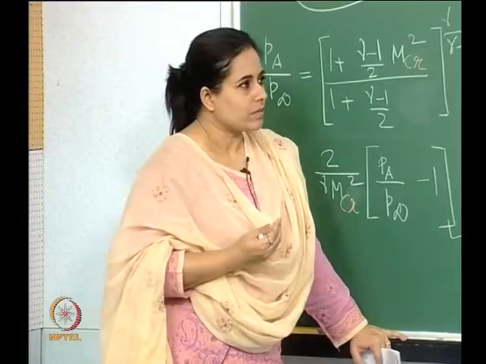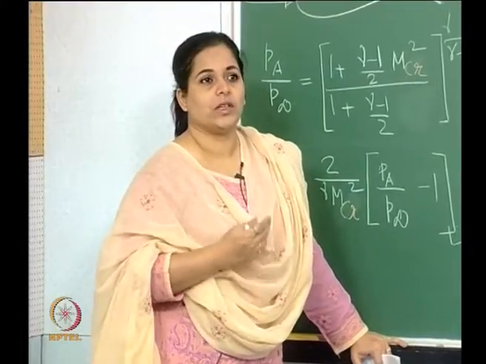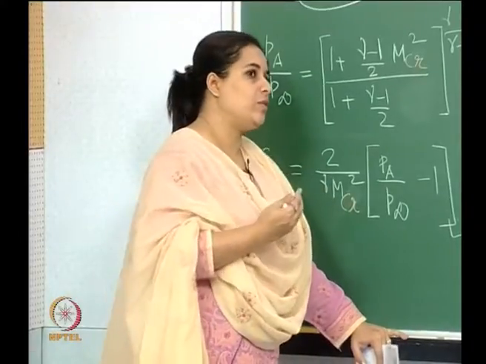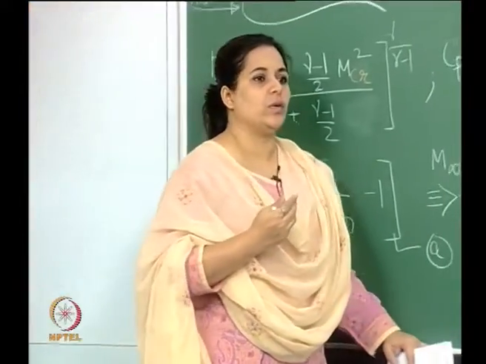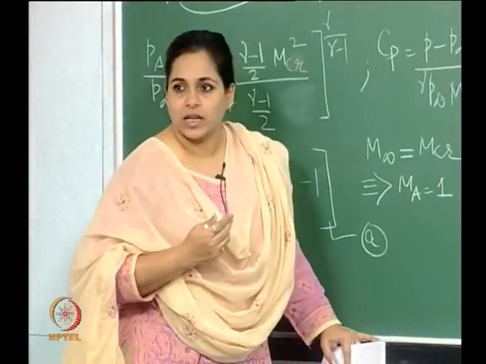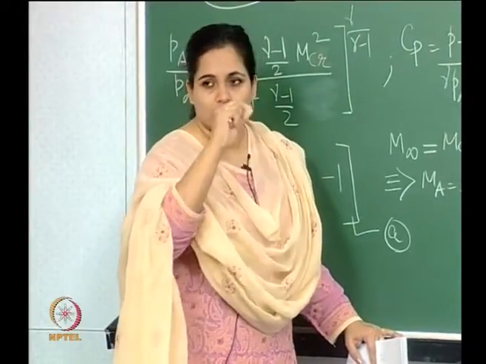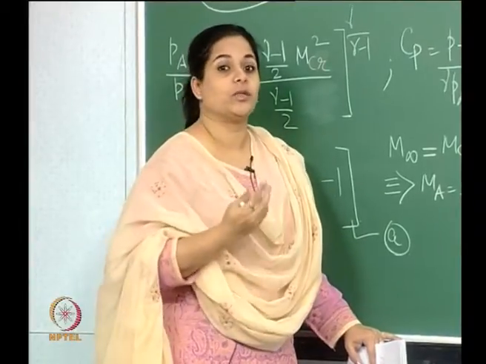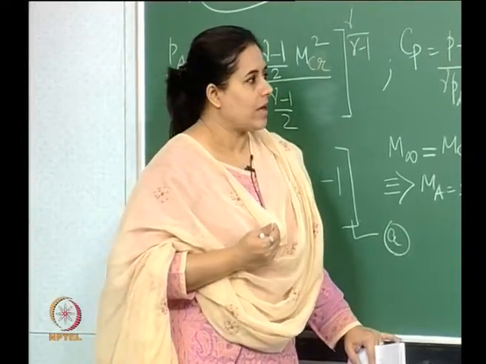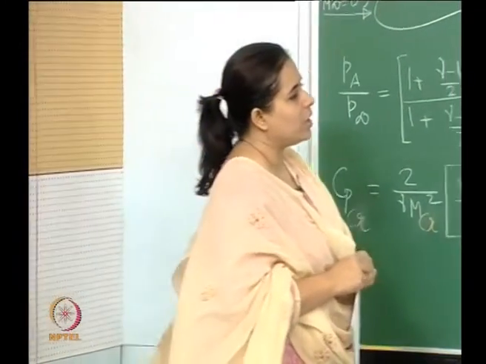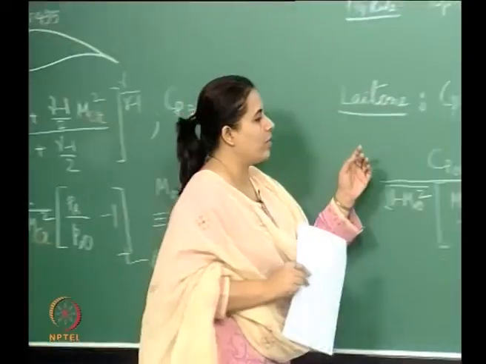And then we said we will not consider small perturbations, we use the method of characteristics, and we try to solve the exact equations. What we got is that locally the velocity is different, which is what it should be. So, therefore, it is important to consider the local Mach number.